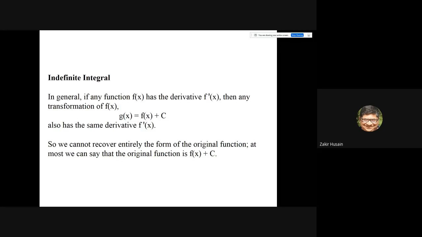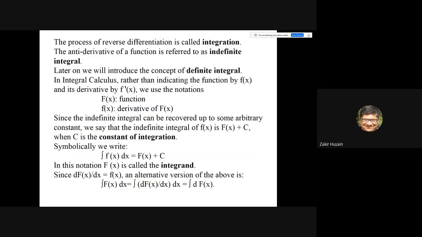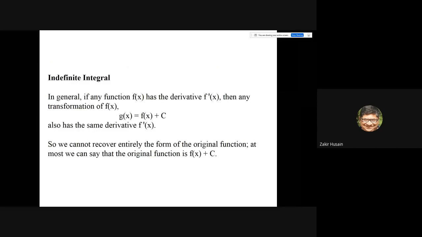So that means in the case of an indefinite integral, we cannot recover the original function completely. At most, we can say that the original function is f(x) and there may be a constant term, but we don't know what the constant term is. So an indefinite integral is the recovery of the original function partially.